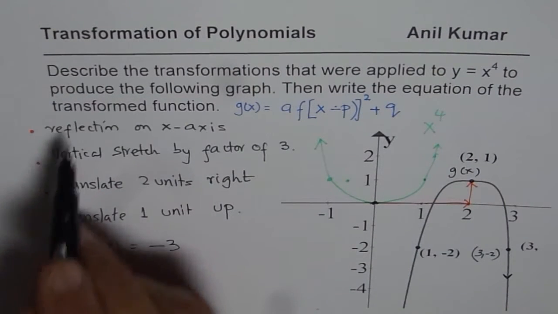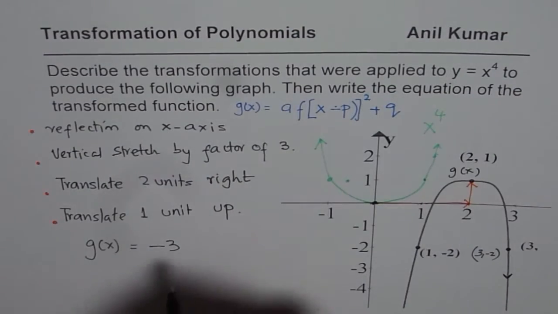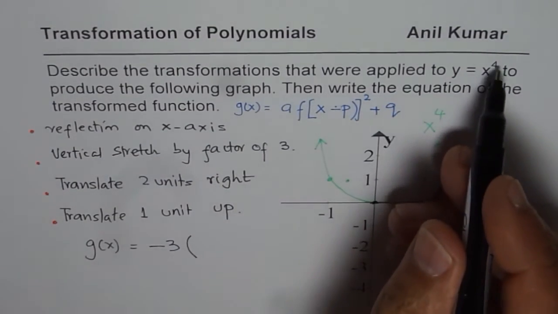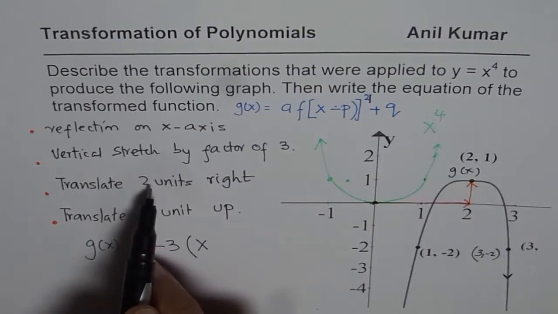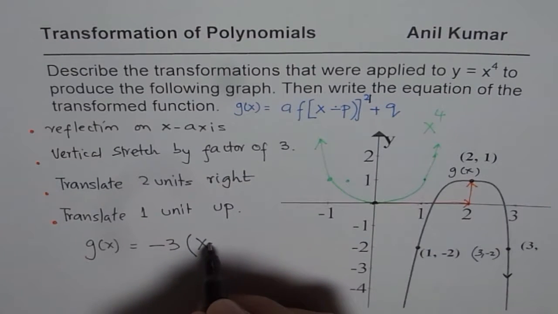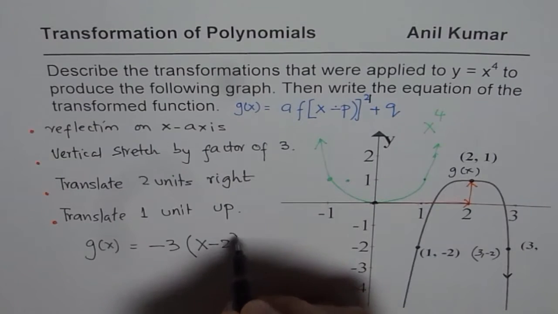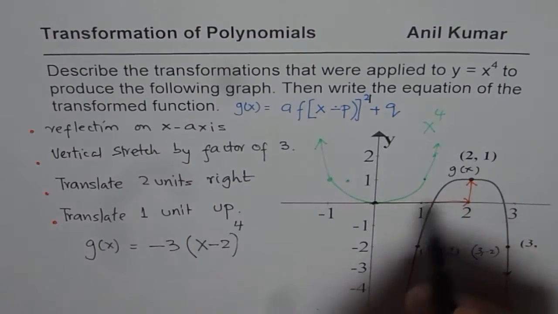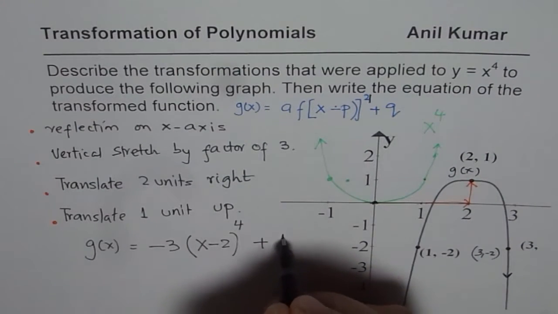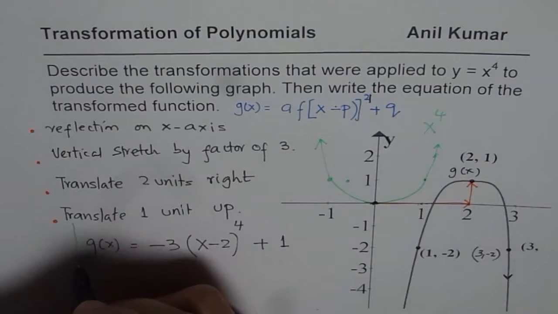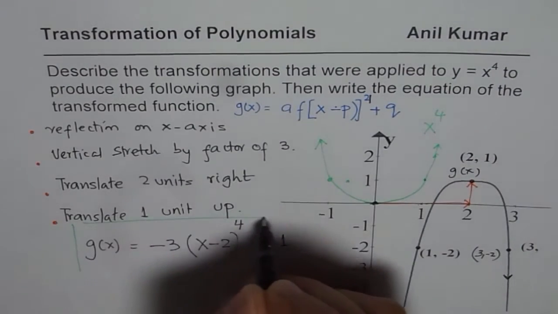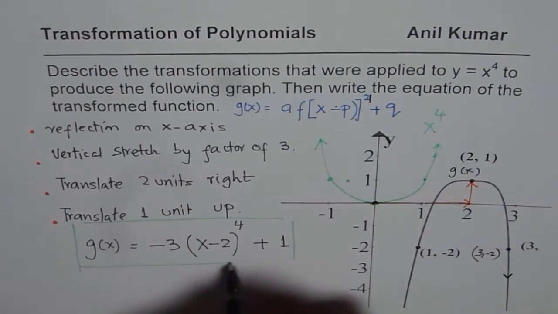We get the minus from the reflection, 3 from the vertical stretch, and the function we know is to the power of 4. For x, 2 units to the right means (x minus 2) to the power of 4. 1 unit up means plus 1. So that is how you get the function. That is the equation from the graph of the transformed function.